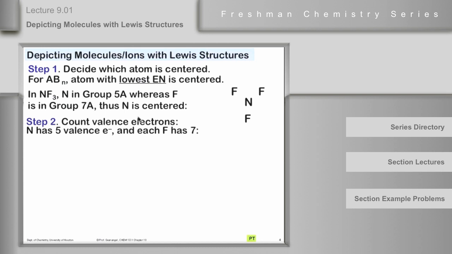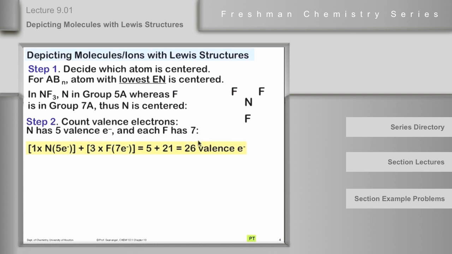And nitrogen is group 5, so it has 5 valence electrons. And each fluorine, being in group 7, has 7. So it's 5 plus 3 times 7. 5 plus 21 is 26 total valence electrons for this molecule. We don't do core. We're only interested in the valence because it's the valence that determines the structure.